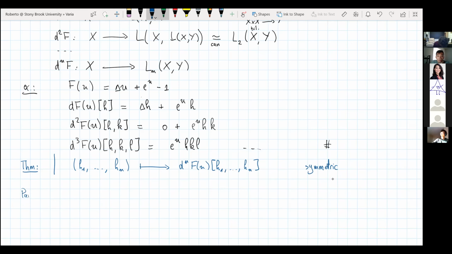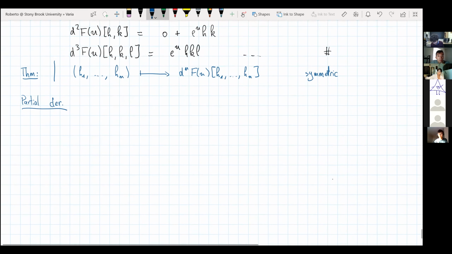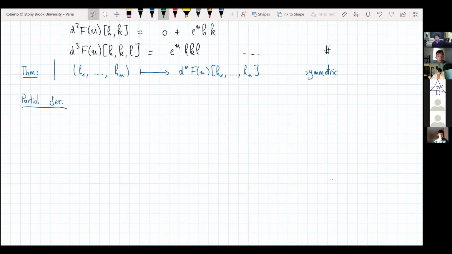There is one more thing, which is partial derivatives. And the way you define partial derivatives is the way you expect. You fix all the variables but one, and you take the derivative in that variable. So going back to our functional f of lambda, u, that was the Laplacian of u plus e to the lambda u minus 1. The partial derivative in u, I'll denote it with a small u at the bottom of f.